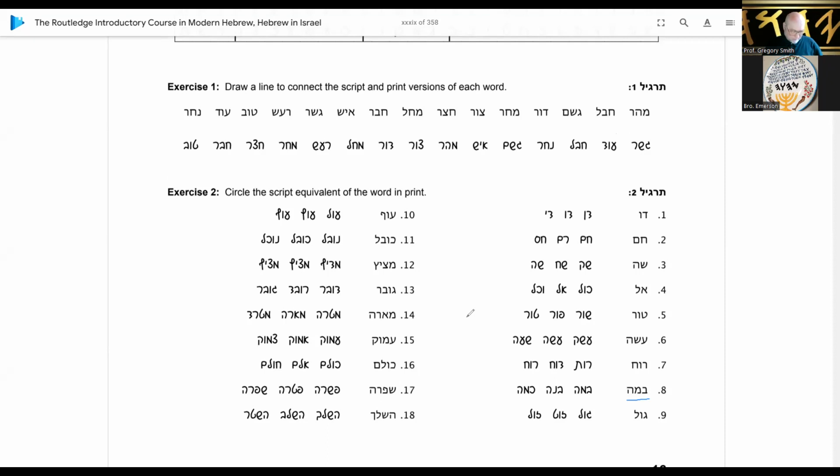Bima, pulpit. But just putting it like this. Let's see here. That's not right.